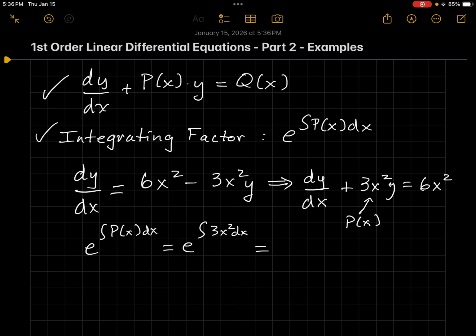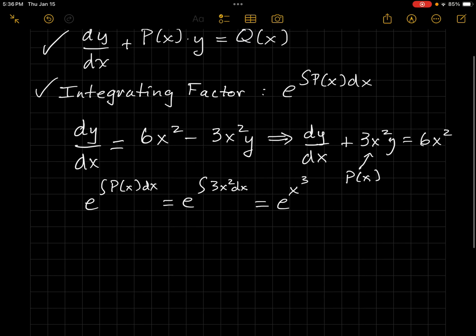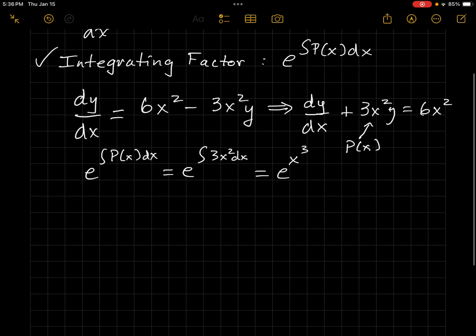And the integral of 3x squared is x cubed. We don't need the plus c, which gives us the integrating factor of e to the x cubed. We will multiply that by each term in our differential equation over here.